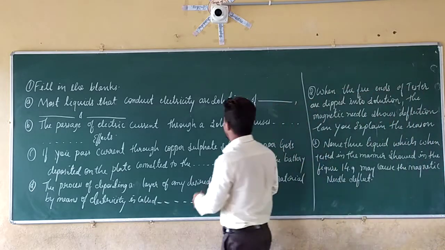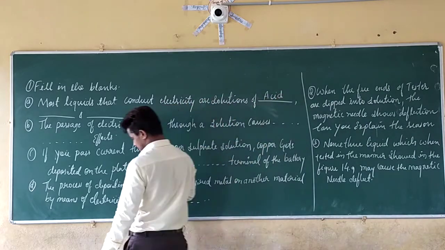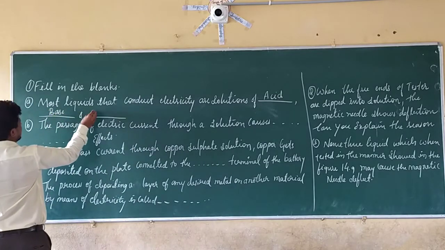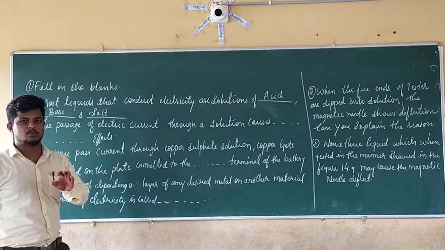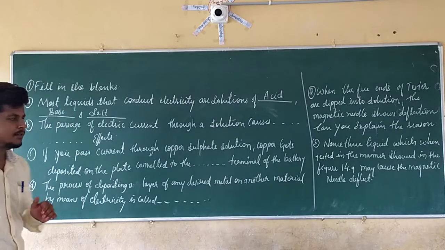So the answer for the first question is acid, base and salt. These are the 3 solutions which are good conductors of electricity in the liquid state.